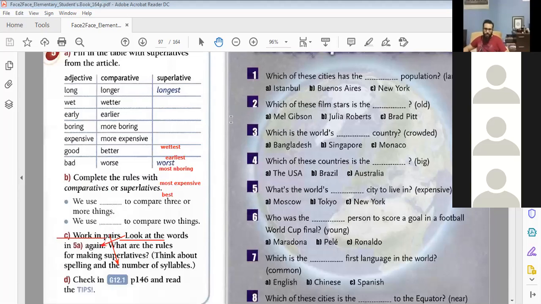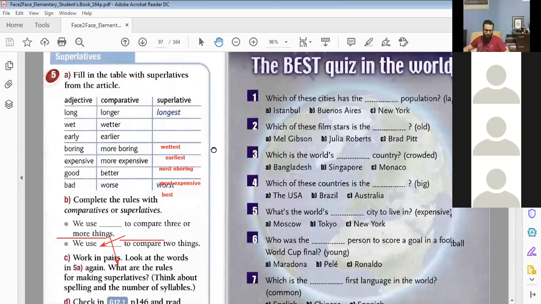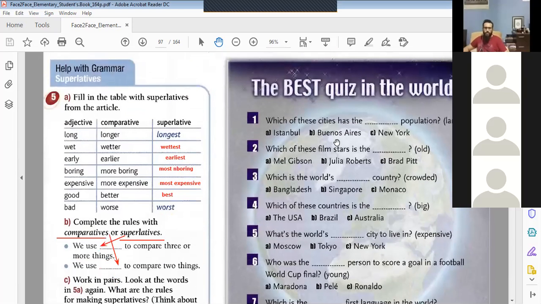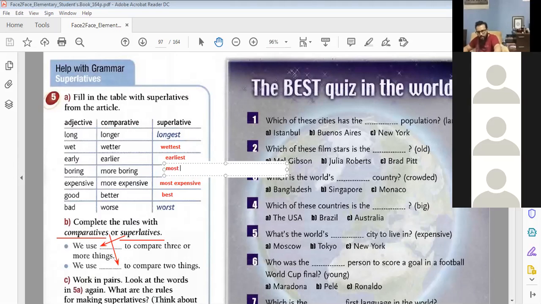All right, so did we use any rules here? What do you think the rules are? What about the spelling and all these details? When do we use, for example, est? When do we use most? Most and est in superlative. But wettest and earliest, we didn't use most.